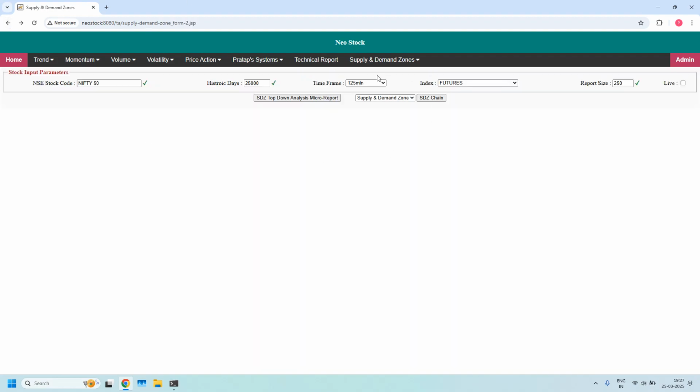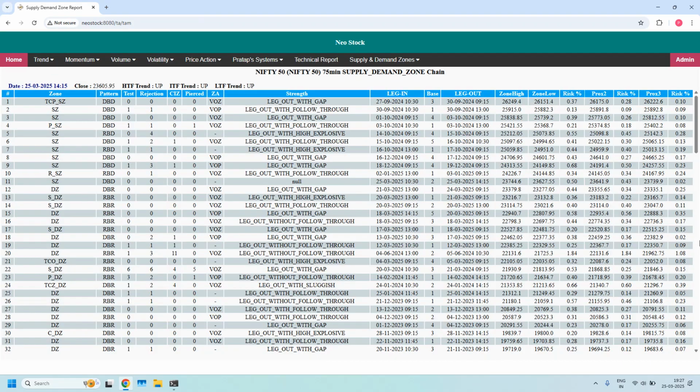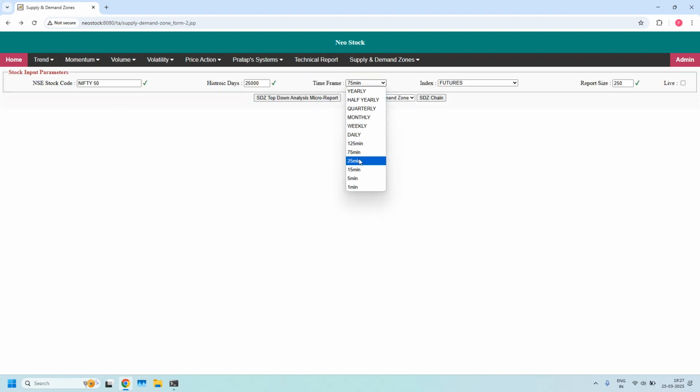Next, 75 minutes supply demand zone chain for NIFTY. Next, 25 minutes supply demand zone chain for NIFTY.